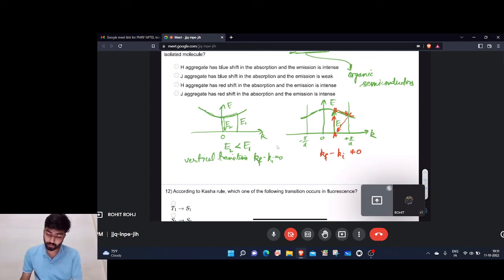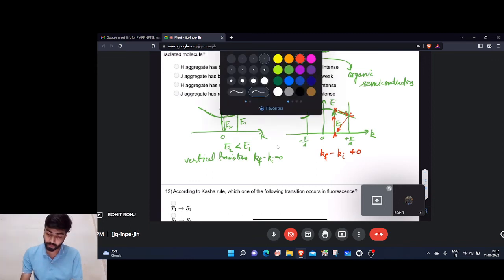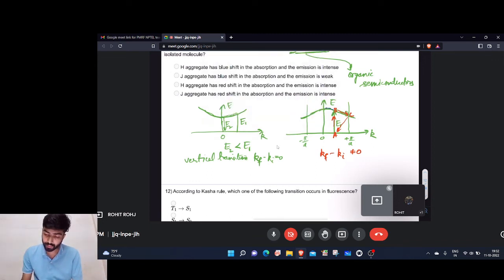Rather, if by some other external processes the system can take energy, let's say from collisions with other molecules or some external agents, and if B reaches the initial state, this C would be the 0, because the system would relax down to the ground state, and the ground state is 0.